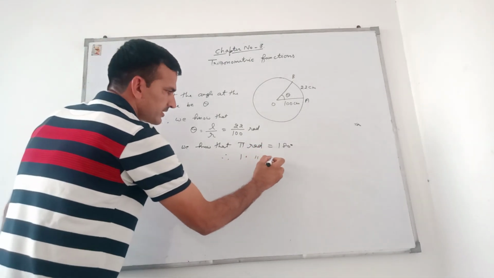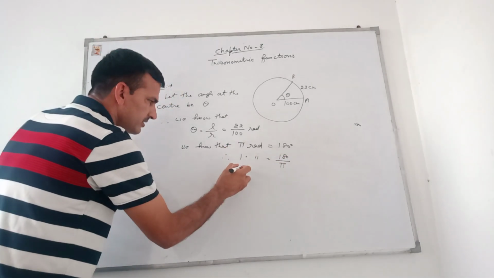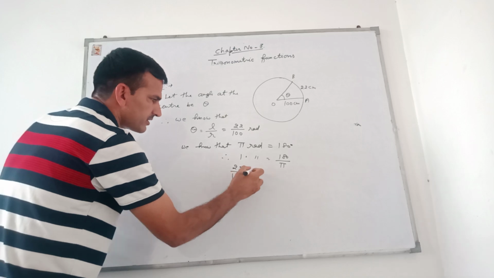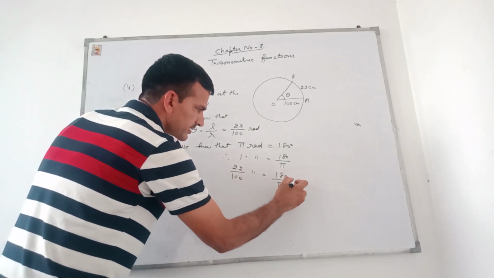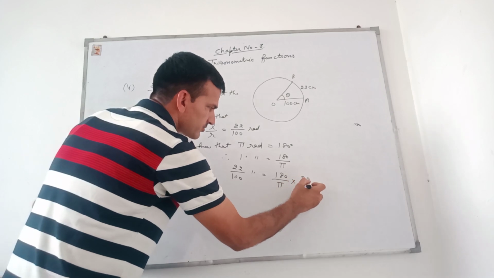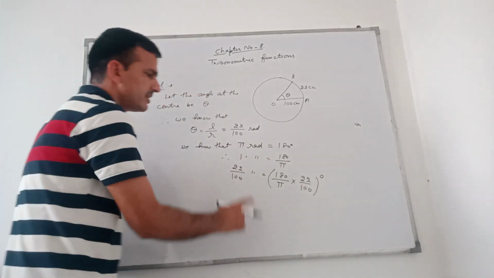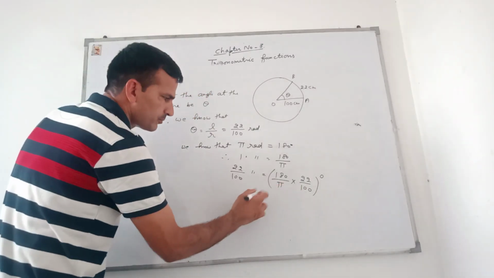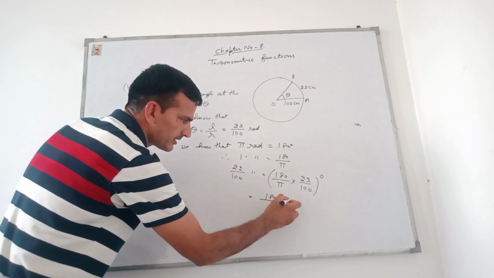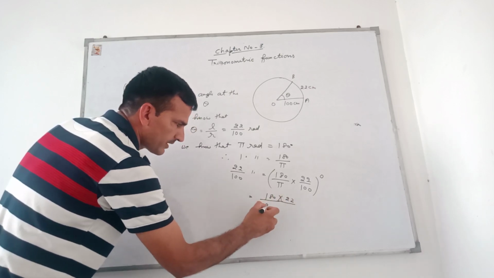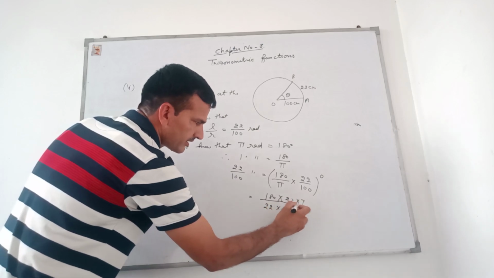Therefore 1 radian is equal to 180 by pi, and 22 by 100 radian is equal to 180 by pi into 22 by 100. Now put the value of pi: 180 multiply 22, where pi is 22 by 7, over 100.